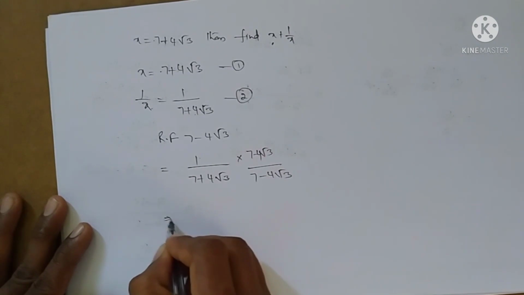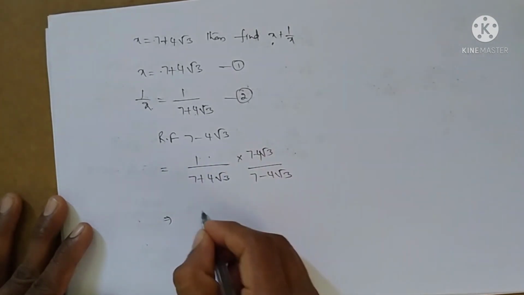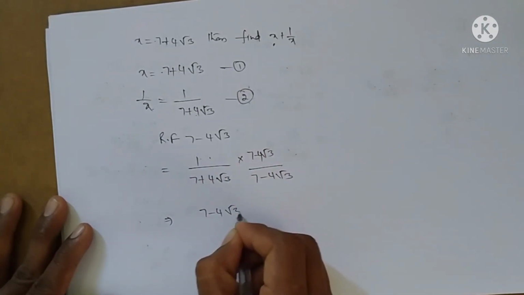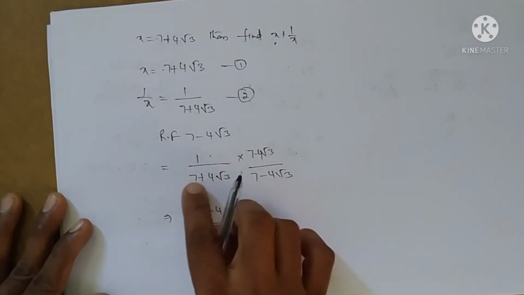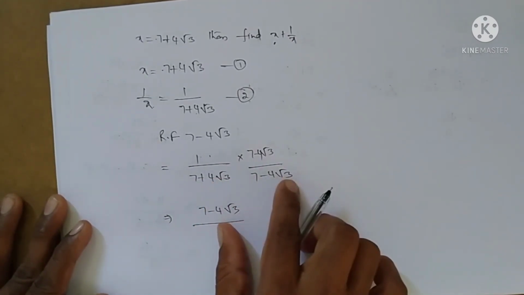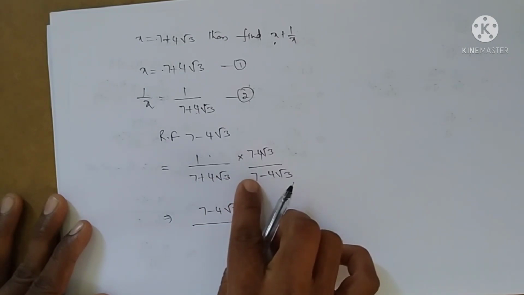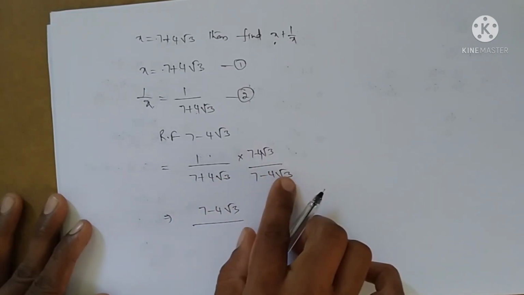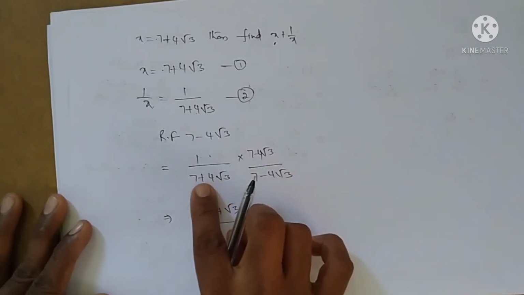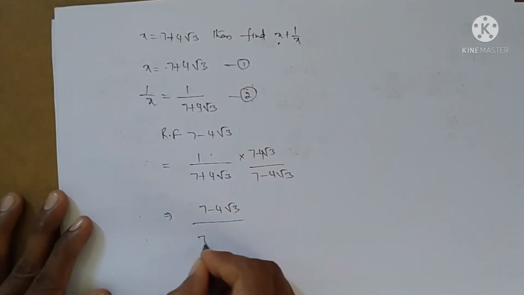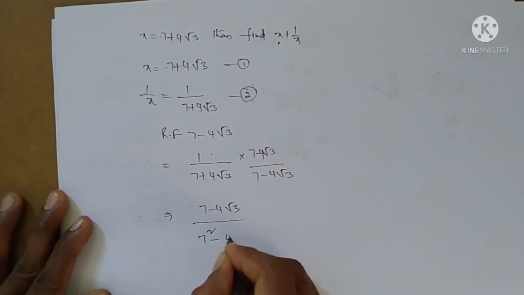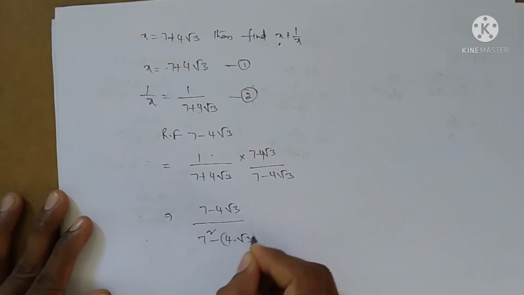So that is equals to 1 into 7 minus 4 root 3 is 7 minus 4 root 3 by, so it is of the form a plus b into a minus b. Here a is equals to 7, b is equals to 4 root 3. So the result is a square minus b square. So 7 square minus 4 into root 3 whole square.